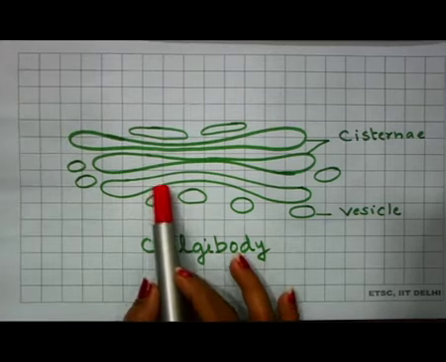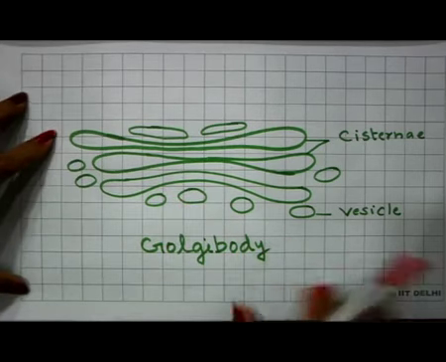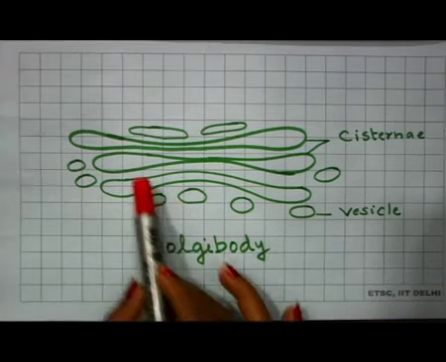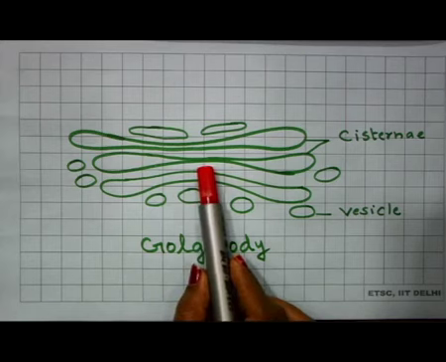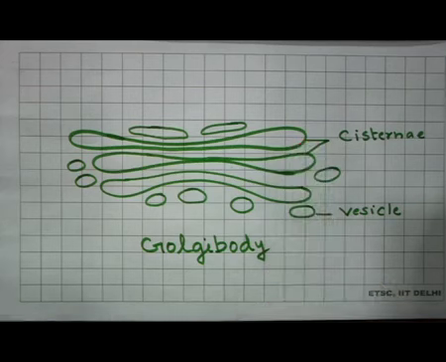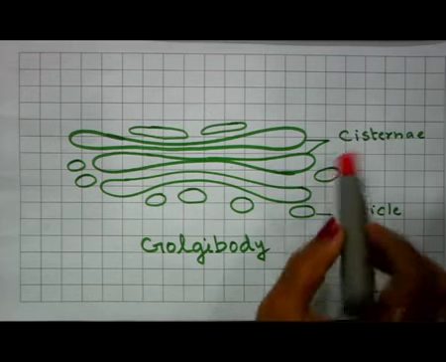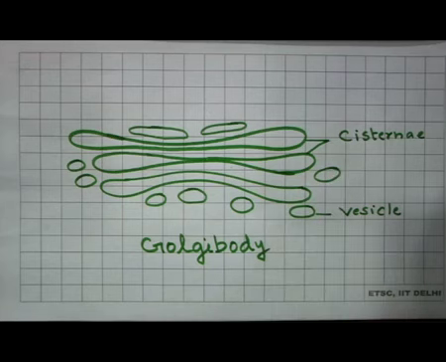It is a single membrane bound organelle. Here also cisternae are present, then the vesicle is here and some of the vacuoles, and they have polarity.